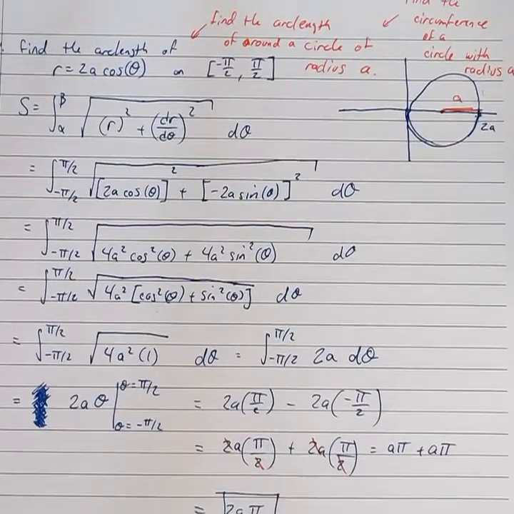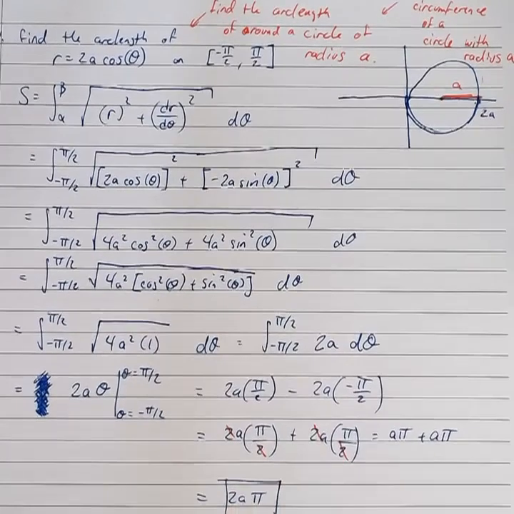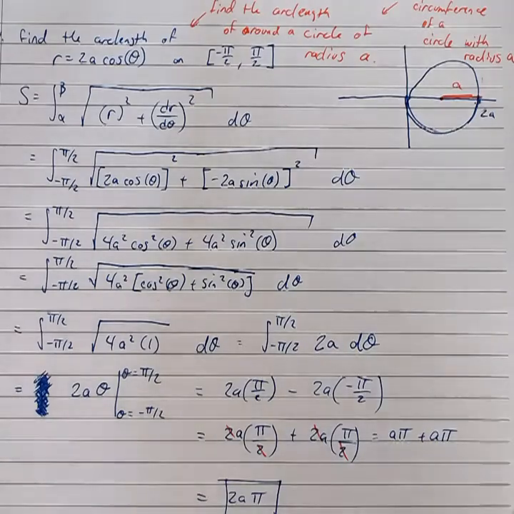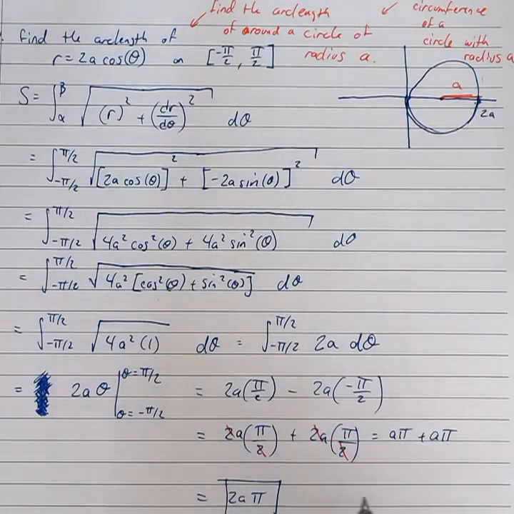This right here is the proof of the circumference of a circle. Up to now, if you ever saw that in geometry or algebra or anywhere else, it was just a matter of fact: the circumference of a circle is 2 pi times the radius. You were told that, but you were never given an actual proof as to why that should be true. In fact, here it is. The arc length around a circle of radius a is 2 pi a.